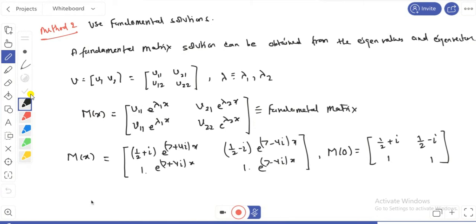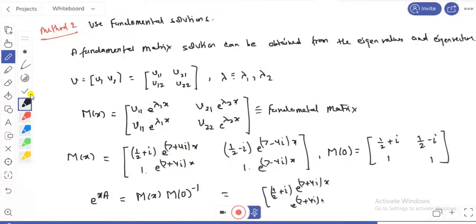So the matrix exponential equals the fundamental matrix multiplied by the inverse of this matrix. This equals the matrix with entries half plus i times e to the power 7 plus 4ix, e to the power 7 plus 4ix, half minus i times e to the power 7 minus 4ix, e to the power 7 minus 4ix.